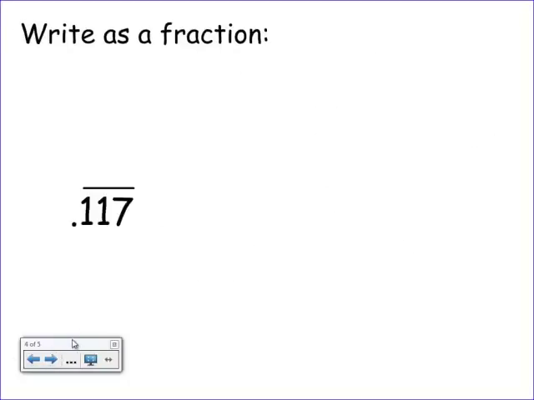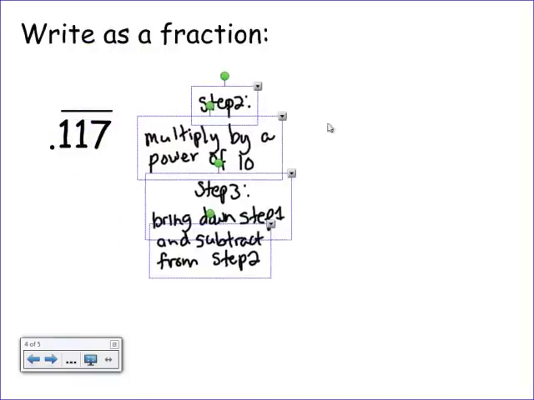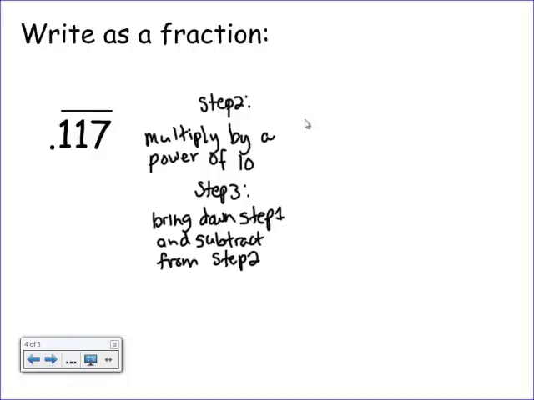Okay, I think now you're kind of onto it. There are my steps. Always have to add in that step 1. Write as n equals 0.117 repeating.